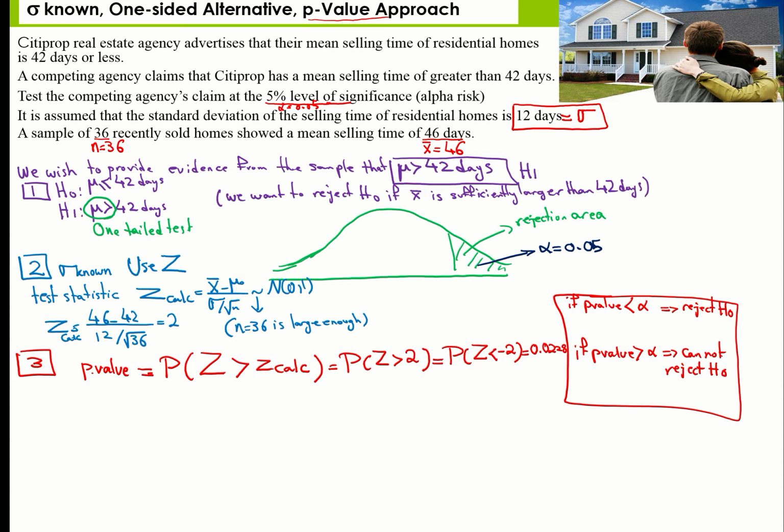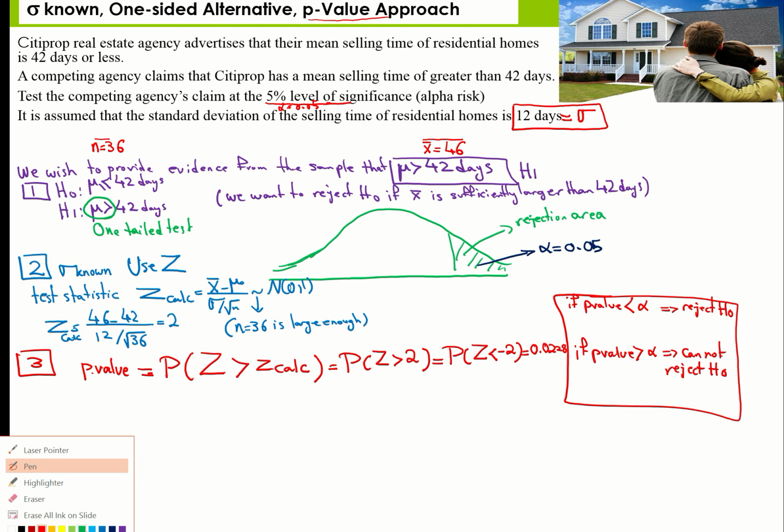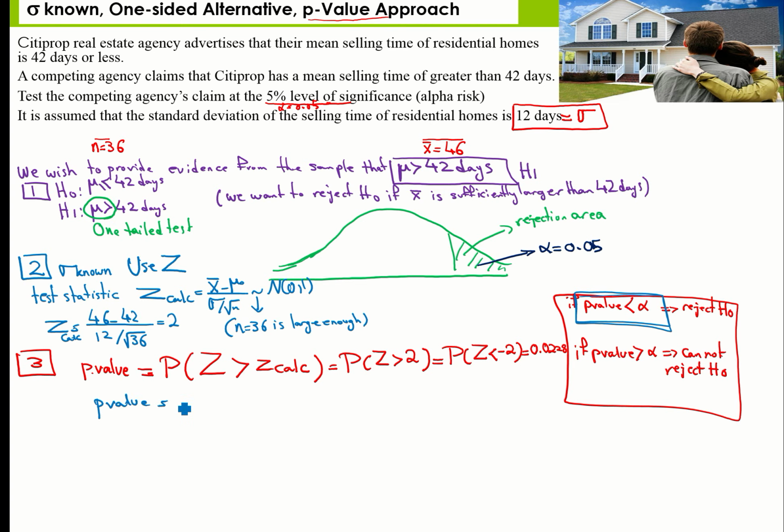What does it mean? It means that the p-value here is less than alpha, and we reject the H0. The p-value here is 0.0228, which is less than 0.05.